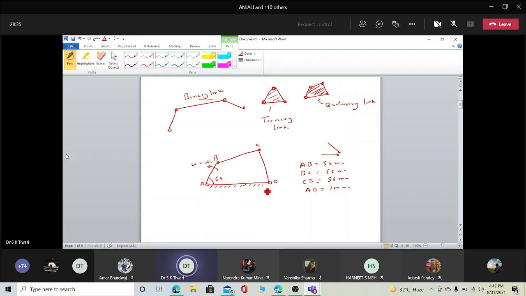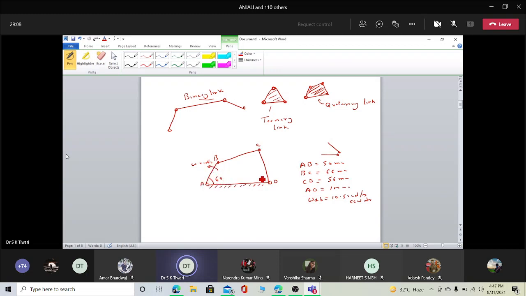Angle DAB is given as 60 degree. It's written on the figure. The link AB has an angular velocity omega AB given as 10.5 radians per second in CCW, counterclockwise direction. Okay. What we have to do, we have to find out the velocity of the point C.